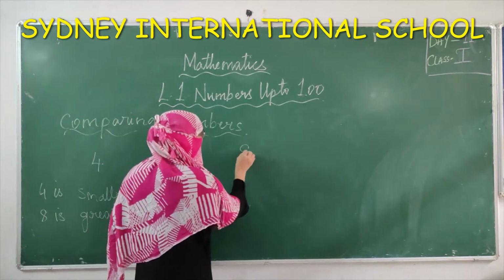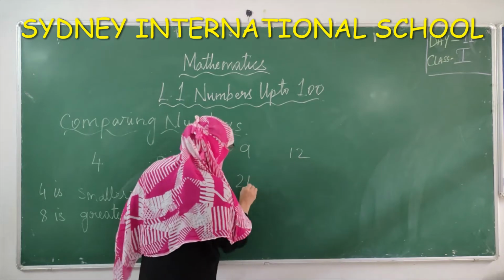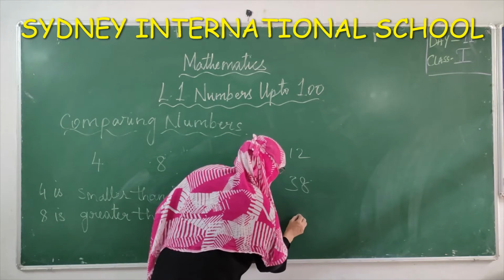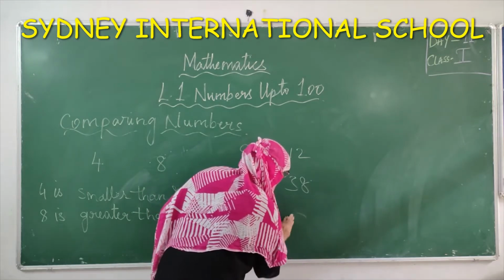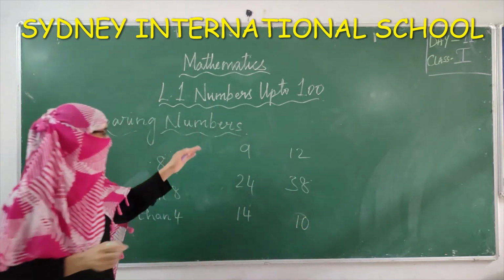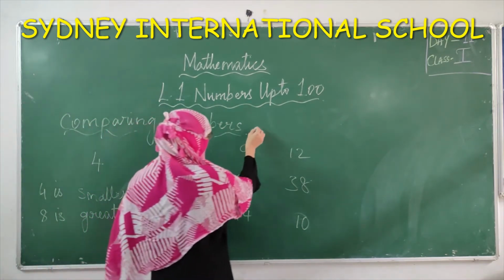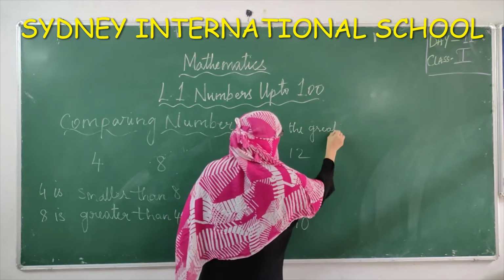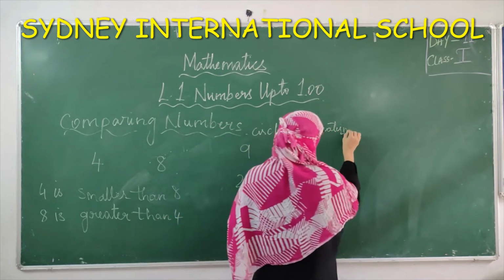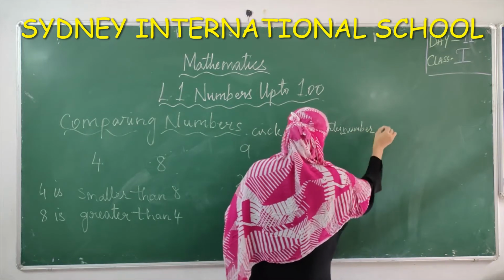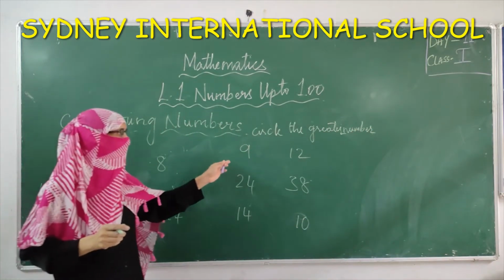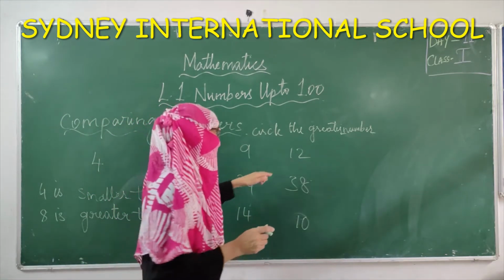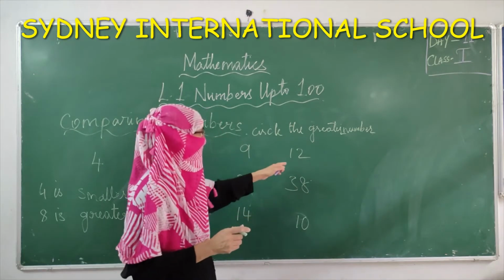I'll show you some examples. 9, 12, 24, 38, 14. Here I am asking, circle the greater number. Number 9, number 2. Which is greater here, number 9 or number 12?